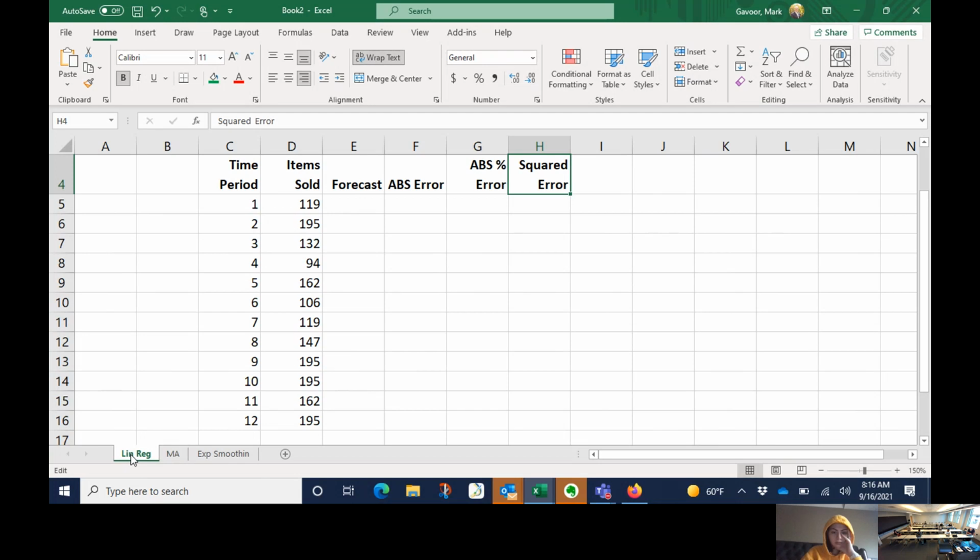Now click on the chart, chart design, go to quick layout, f of x. Look at you. Go to there. Get fx. Now you got the equation.